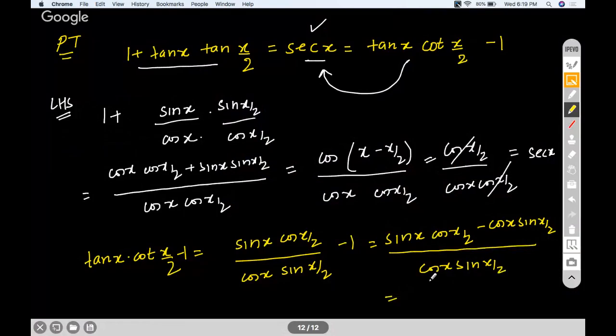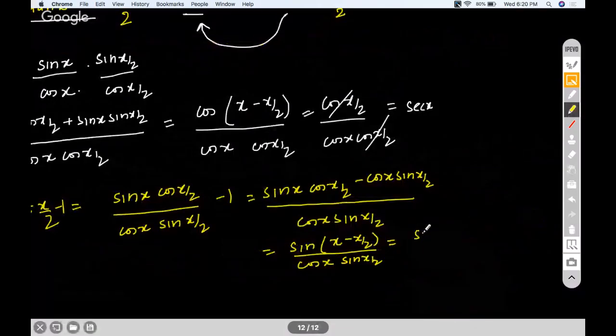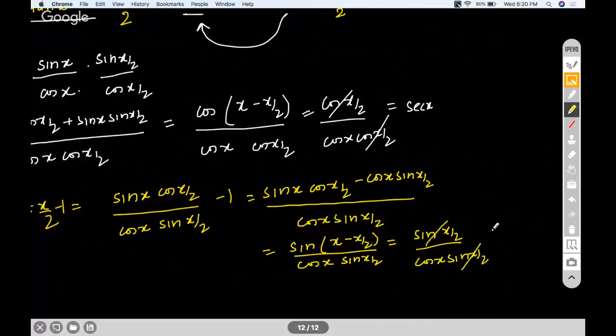This is nothing but the formula of sin x minus x by 2 divided by cos x sin x by 2, correct? And this is nothing but sin x by 2 divided by cos x sin x by 2. Cancel off sin x by 2 from both the numerator and denominator. You will get sec x as your answer.